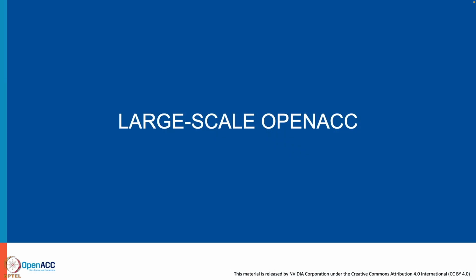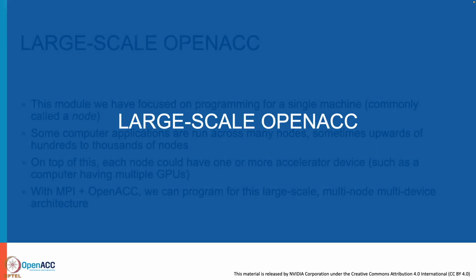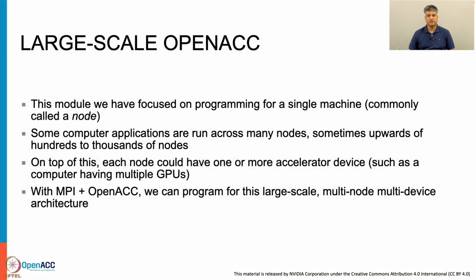We can also do extremely large scale OpenACC. So in this module, so far we have focused on programming for a single machine, which is commonly known as a node. Some computer applications are run across many nodes, sometimes upwards of hundreds of thousands of such nodes. Typically in large supercomputers we have at least close to 100,000 such nodes.